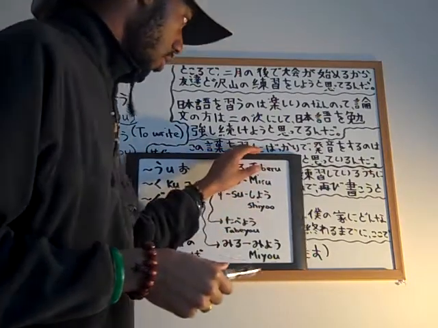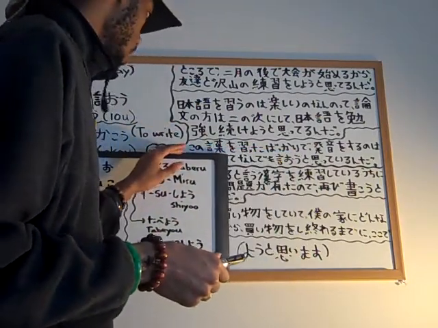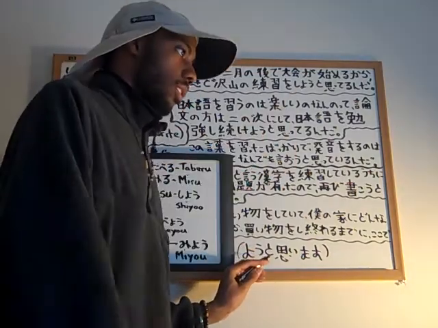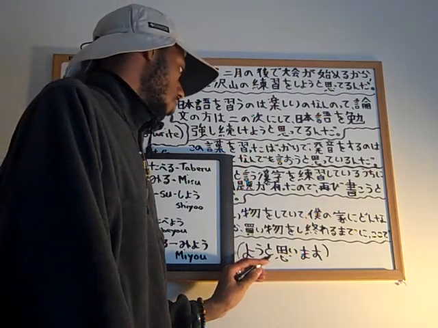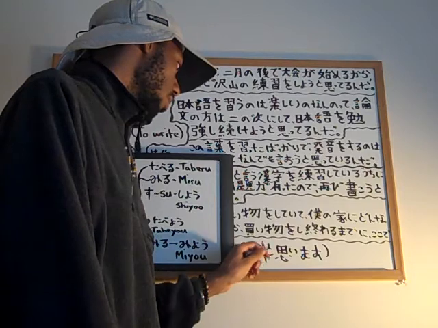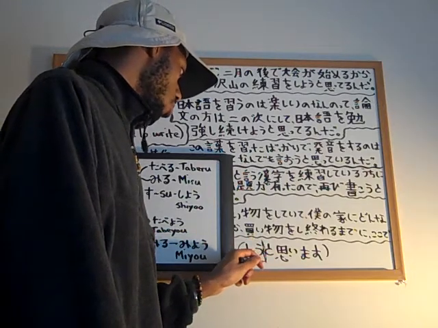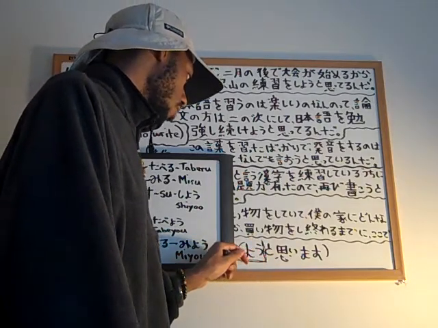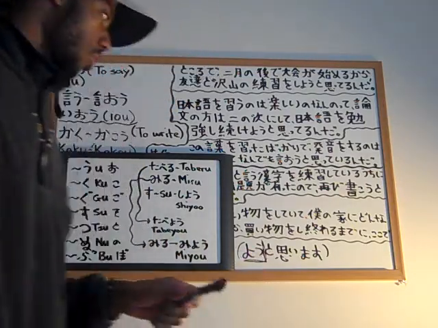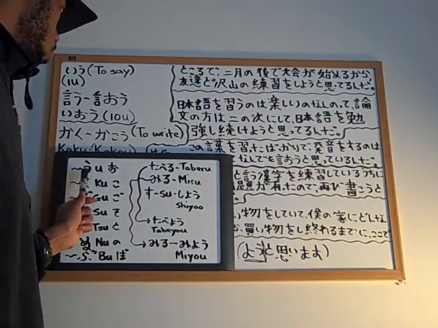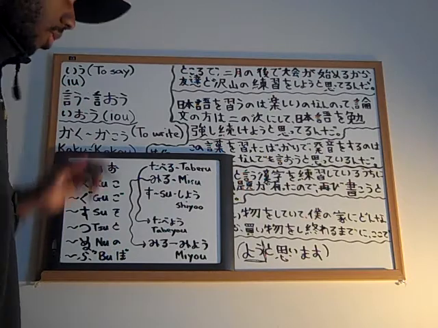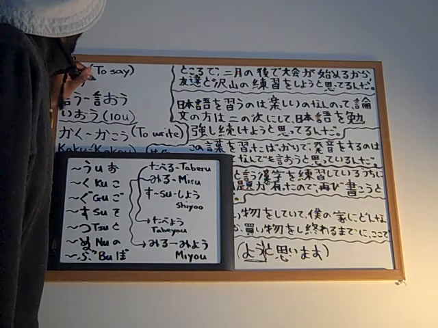As you wrote here, as you can see, because you have this yo here. Let's look at this before we connect the to. So yo to omoimasu. You want to keep this u. That's why I said the u, like waraou.